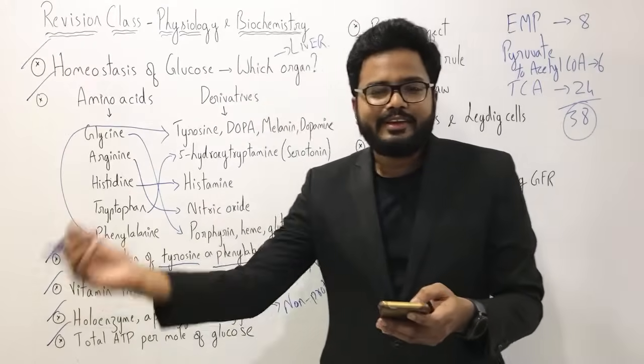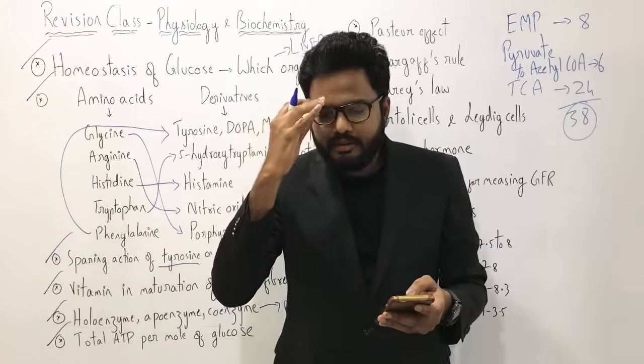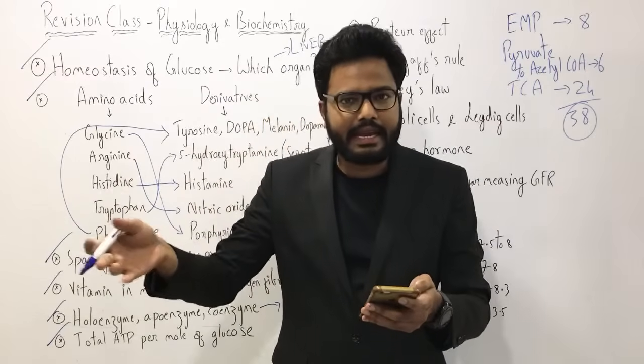Good. So in case of glycolysis, Embden-Meyerhof pathway in cytosol, 8 ATP.